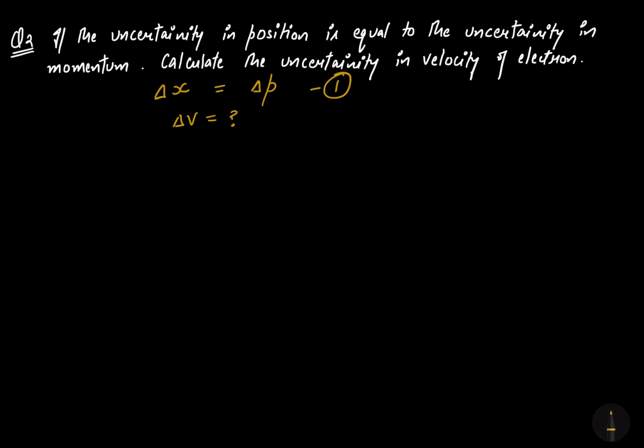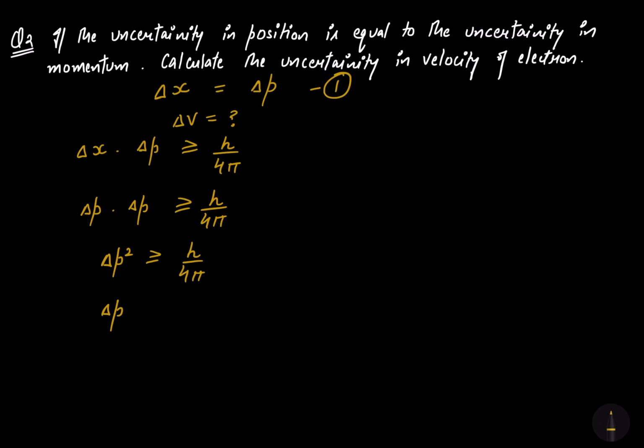Now let's use the formula. Delta x into delta p will be greater or equal to h upon 4 pi. Now let's substitute the value of delta x by delta p from number 1. Now delta p into delta p will be greater or equal to h upon 4 pi. So it's delta p square greater or equal to h upon 4 pi.